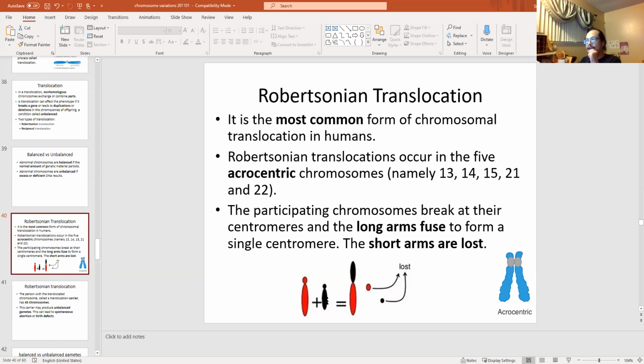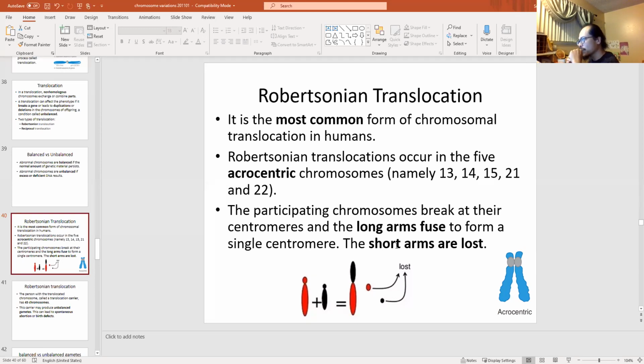So the long arm joins the long arm of the other one, and these two long arms form a new chromosome. And the two short arms are too short, so they get lost. That's the Robertsonian translocation.